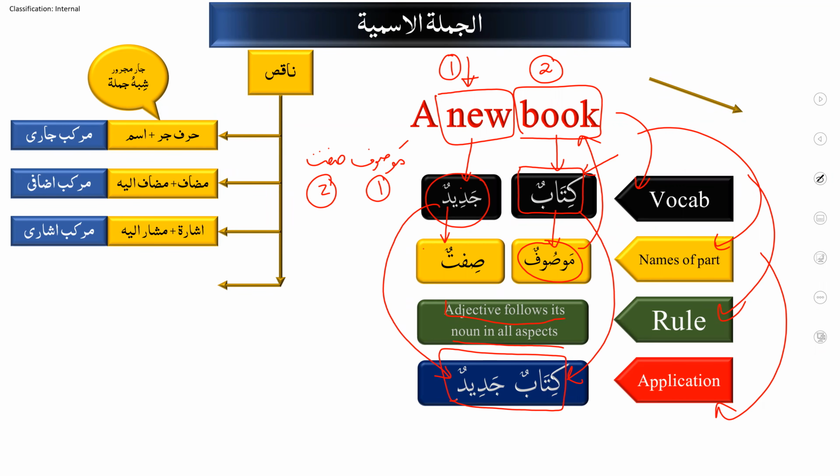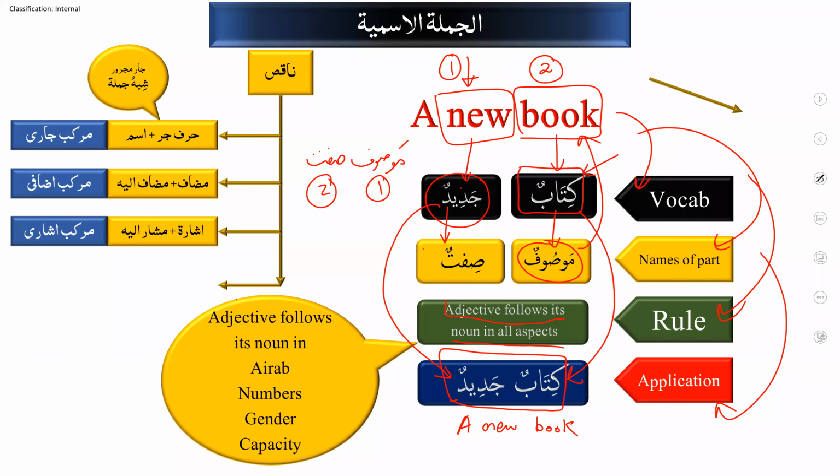And when you translate in English, because this is from right to left and you want to write left to right, you will not say a book new. No, you have to say a new book, because in English adjective comes before the noun, and in Arabic the noun comes before and adjective follows it. So the most important part, that adjective sift follows its mausuf in all the cases.